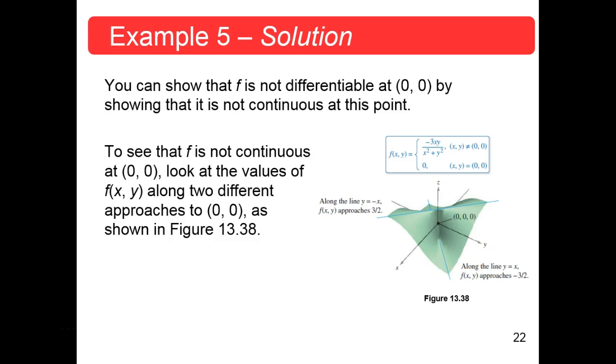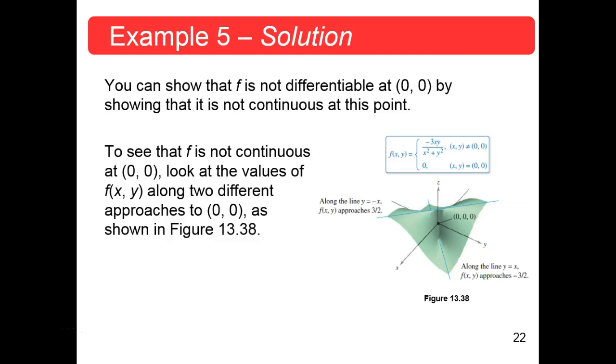Here's the xy plane, which is sort of bizarre here. When x is equal to y, you're coming in this way. That gives you the minus 3 halves or whatever right there. When x is equal to minus y, you're coming in this way, and your f of xy is 3 halves up there, not minus 3 halves. Minus 3 halves down here, 3 halves up there.